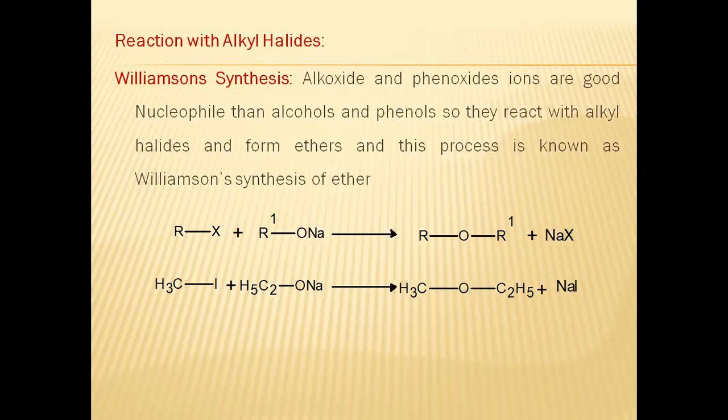Alkoxide or phenoxide ion, from alcohols or phenols, reacts with alkyl halide to form ether. This reaction is known as Williamson synthesis. Simply put, it takes place in the presence of an alkali medium.